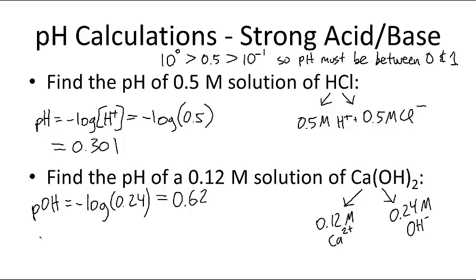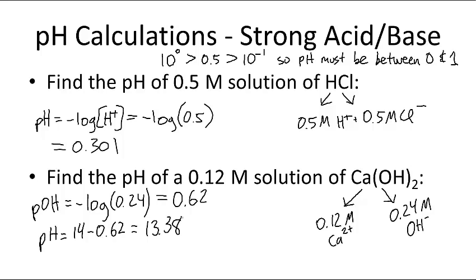So then the pH would equal 14 minus 0.62, so 13.38. So if you've got a strong acid or a strong base, your calculation is really straightforward.